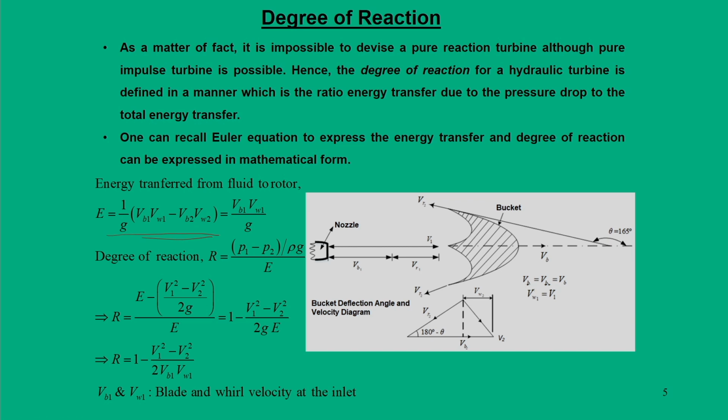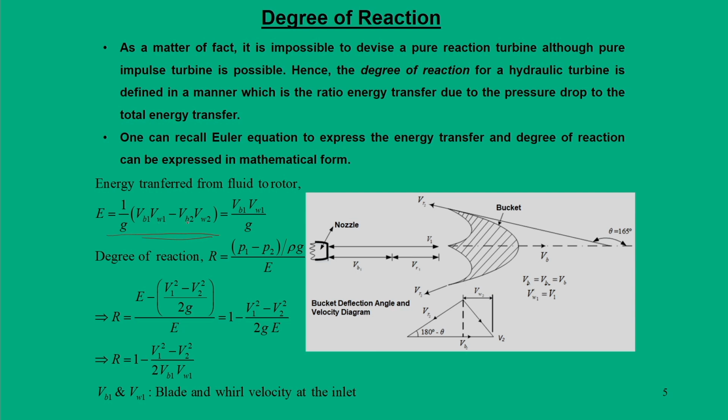So, this refers to this particular diagram. V_B1 stands for either bucket velocity or blade velocity. For a Pelton wheel, V_B1 and V_B2 are equal, but since we are looking at reaction turbines, there will be both terms V_1 and V_2.